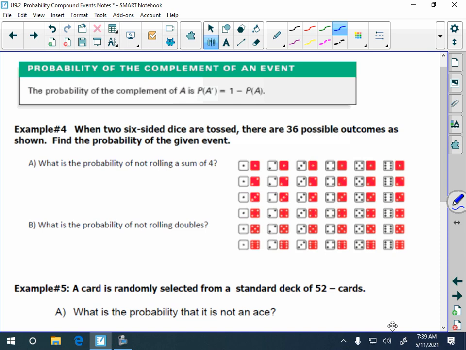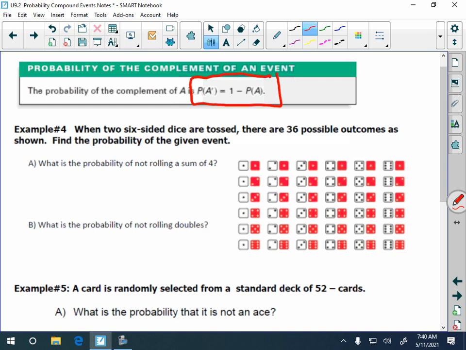All right, so in this formula, that A with the little apostrophe means not happening. So the probability of event A not happening is equal to 1, or the total, minus the probability of the event happening. So the probability of not doing something is equal to 1 minus the probability of actually doing it.